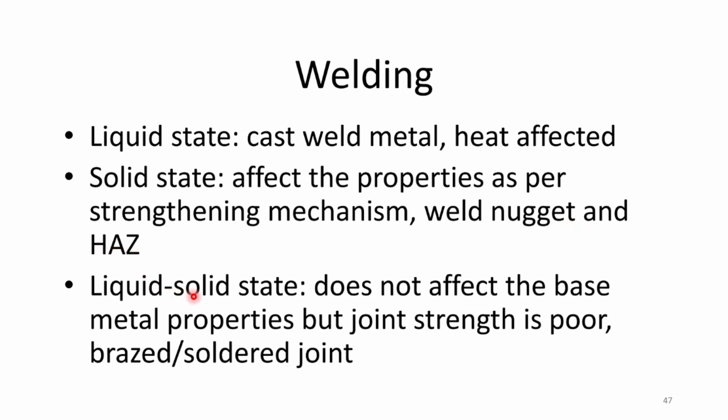In case of liquid-solid state, it does not affect the base metal properties, but joint strength is poor. So in case of brazed and soldered joints, you will have lower strength in the joint. These joints are not used when the final product is for an application that requires very high strength or tensile strength.